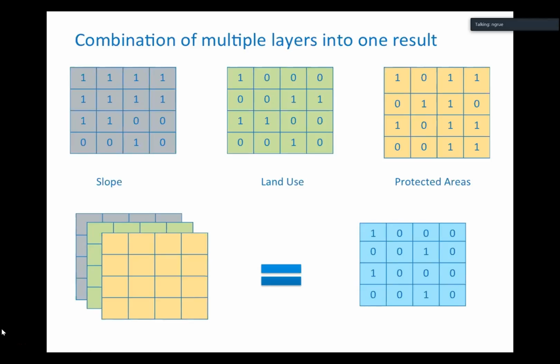So if you have areas that are available in land use but aren't available in protected areas, it's always going to be nulled out. Any place that has any of the layers that you input that are not available are always going to not be available in the final result. And so this reduces down the area of places that you can actually develop in.